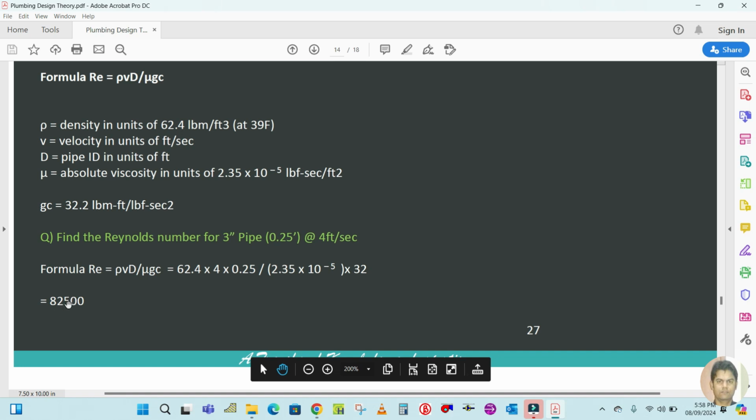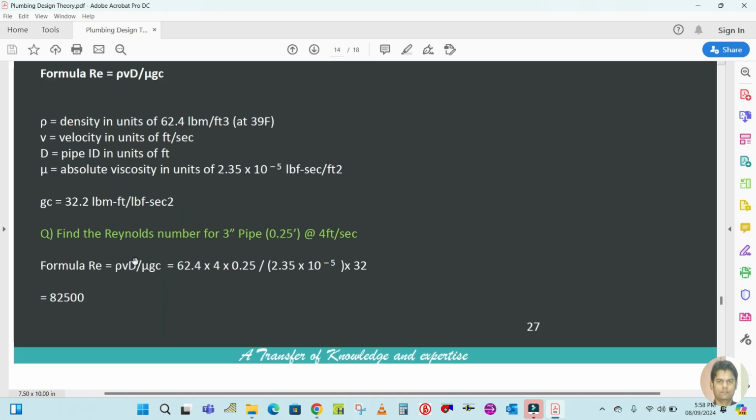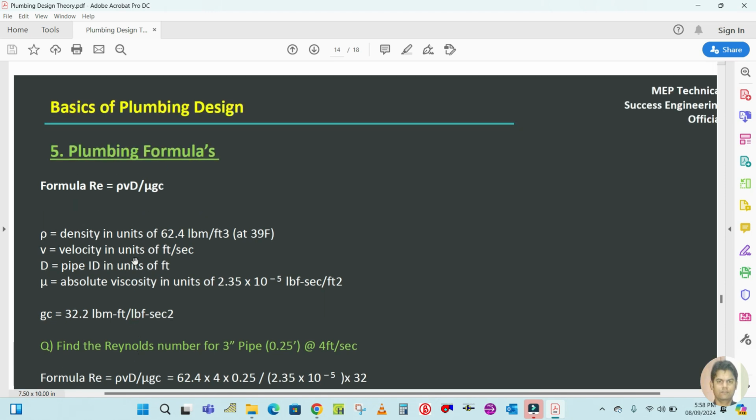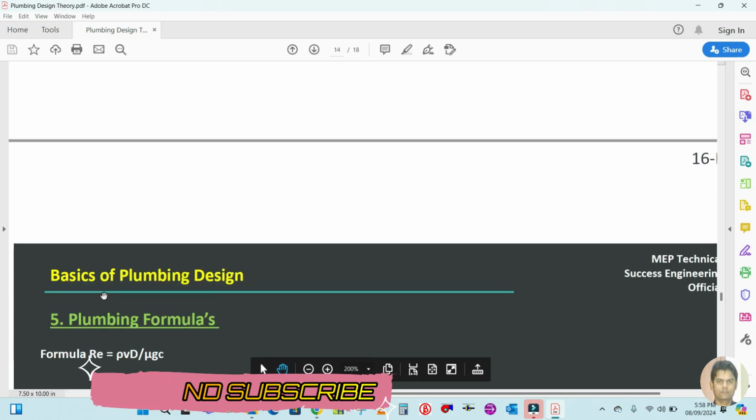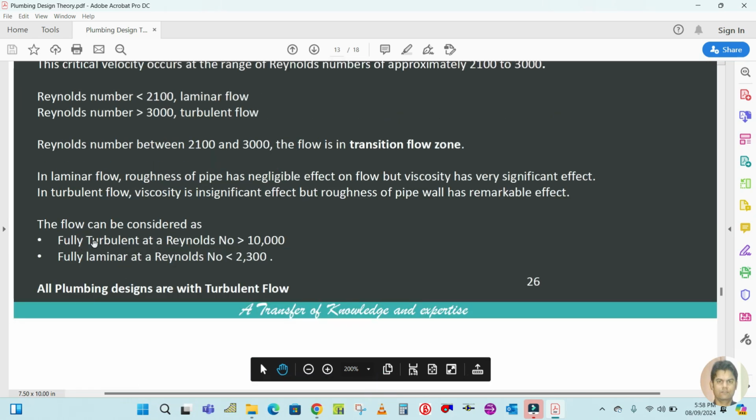This should be 82,500, the Reynolds number. So which type of flow is it? Here you can see it is fully turbulent at a Reynolds number greater than 10,000. If it is less than 10,000, it is not fully turbulent.